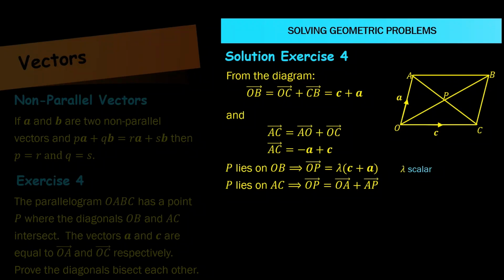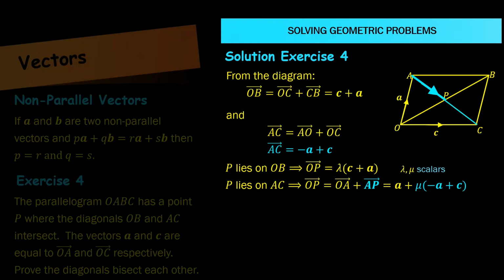So therefore, OP, which equals OA plus AP, is equal to a plus a scalar multiple of minus a plus c. Since we have that AP is a fraction of the line AC. In particular, P lies on the line AC.